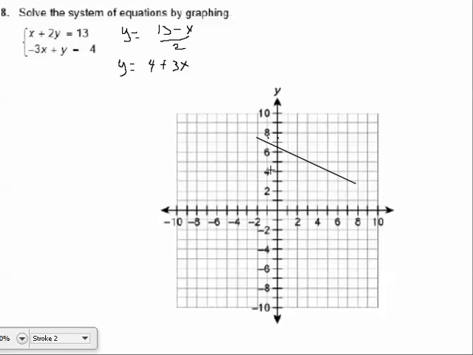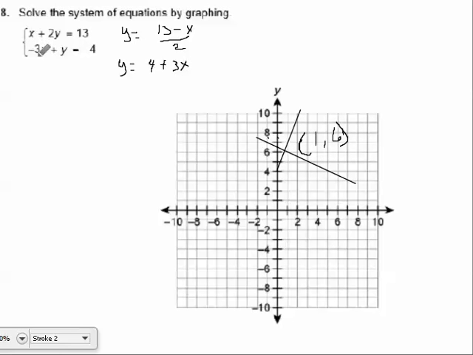Okay. Now this other one, it goes through the point 4, and it's got a slope of 3. That means it goes up 3 and over 1. Like that. So it looks like my intersection's at 1, 6. That's where the intersection is right here, at 1, comma 6.